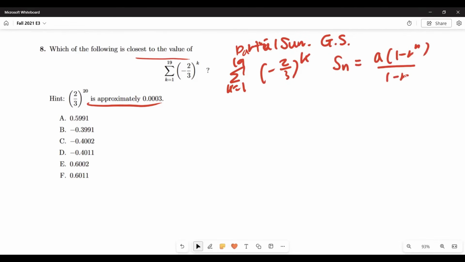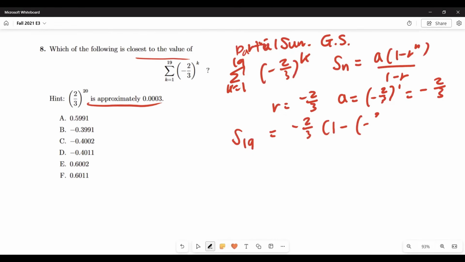So our r is -2/3, and a is the first term, which is -2/3 to the first power, so it's going to be -2/3. So S of 19 is equal to -2/3 times (1 minus (-2/3) to the 19) over (1 minus -2/3).